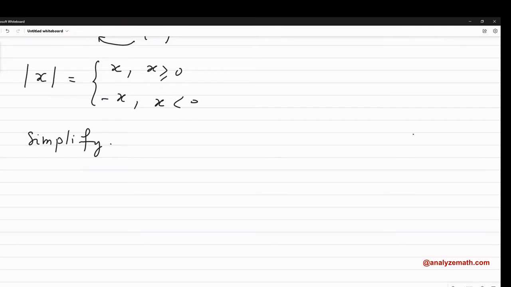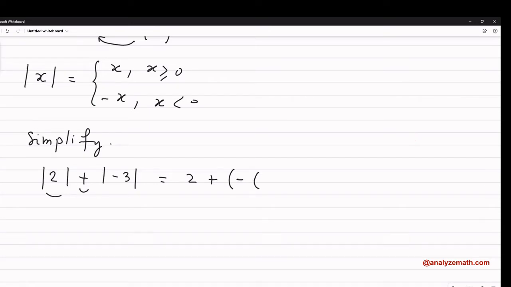Now the first example we are going to look at is to simplify the absolute value of 2 plus the absolute value of negative 3. Now this gives me 2 plus the absolute value of negative 3. Let's put everything between the brackets.